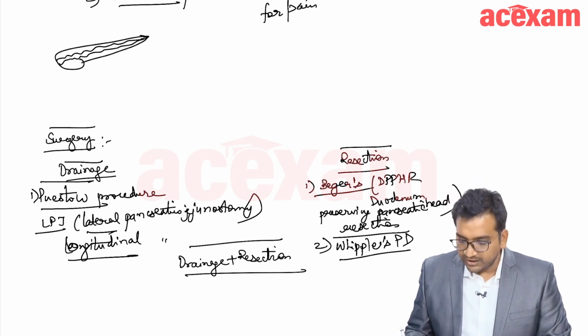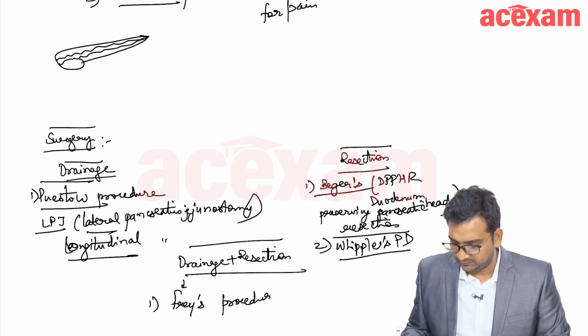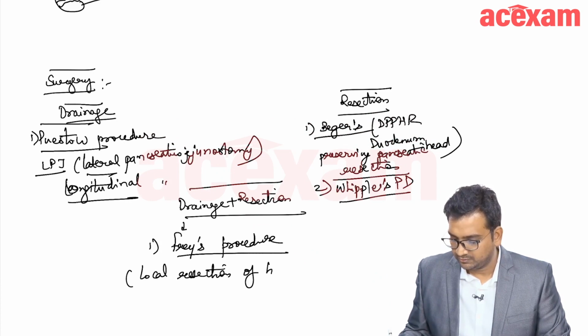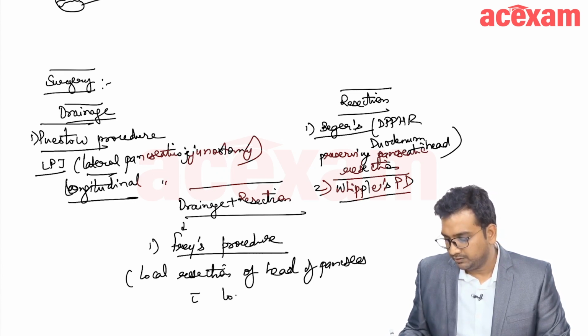Okay. Now this drainage plus resection procedure is actually what you can call the Frey procedure, which is local resection of the head of the pancreas with longitudinal pancreaticojejunostomy.